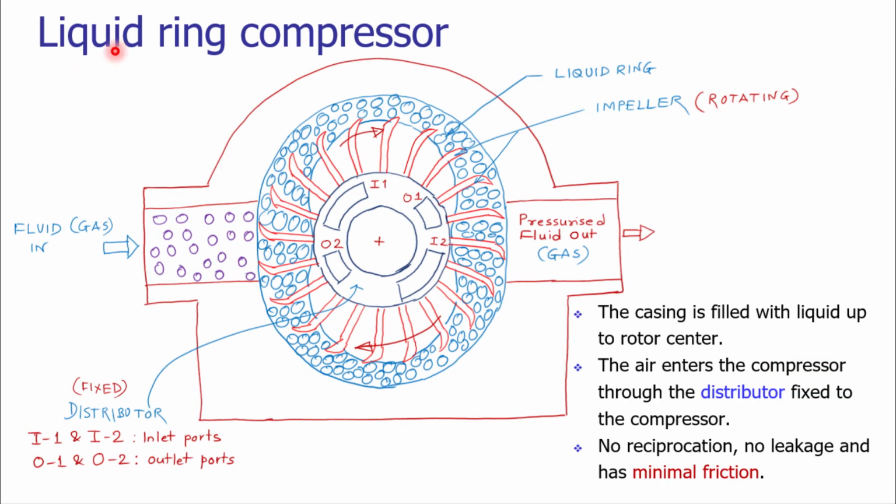Now let us study the next positive displacement compressor, that is the liquid ring compressor. The technology is very interesting and the reason is very important. In reciprocating type of the compressor, we have seen that there are many mechanical elements and they are sliding. Due to the sliding, there is friction.